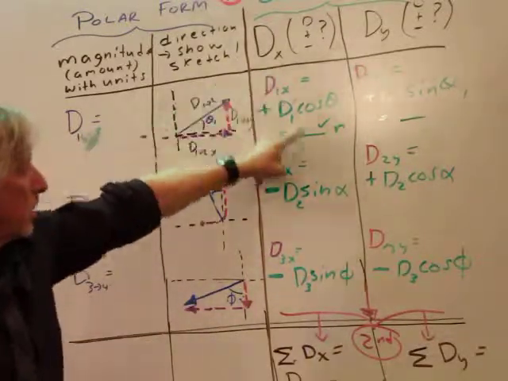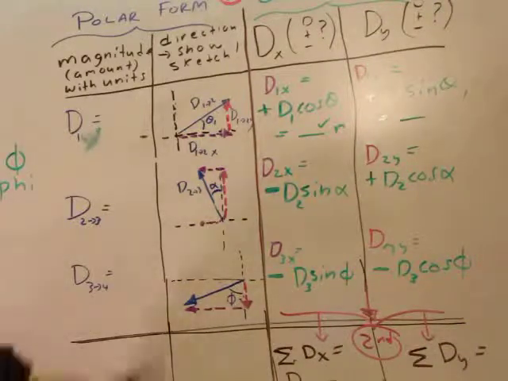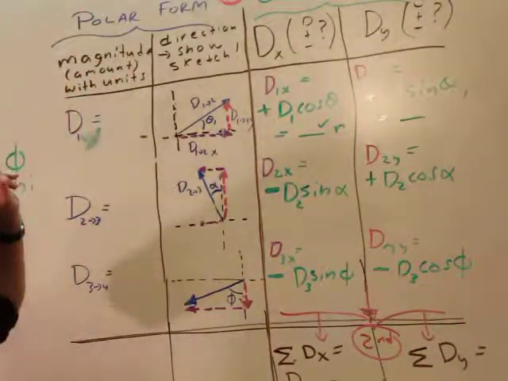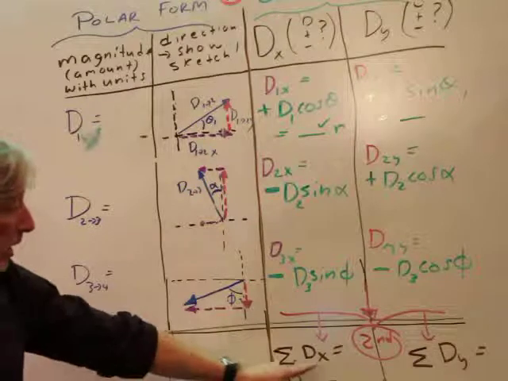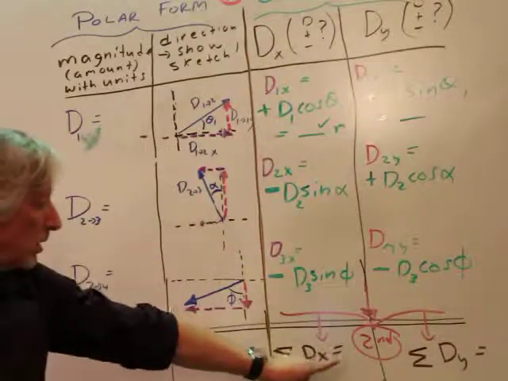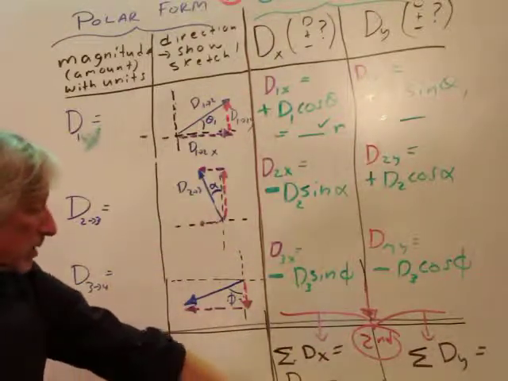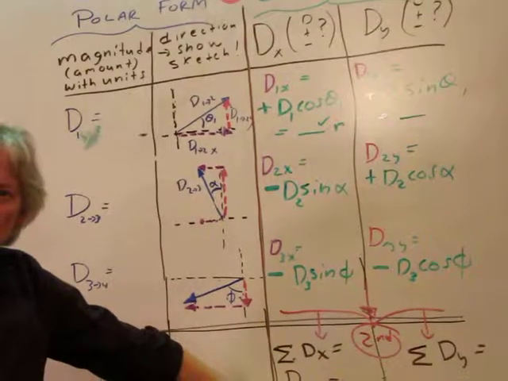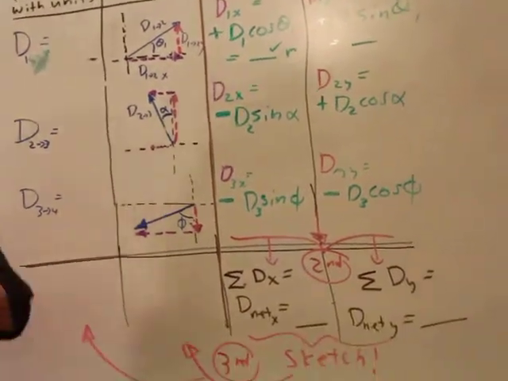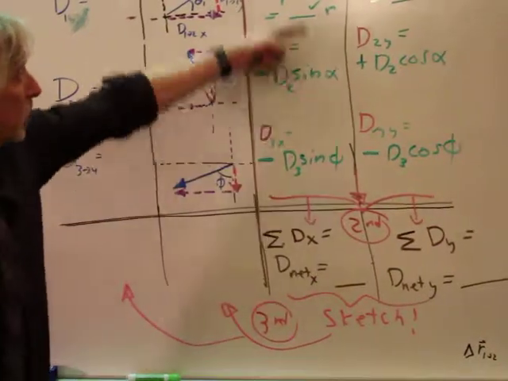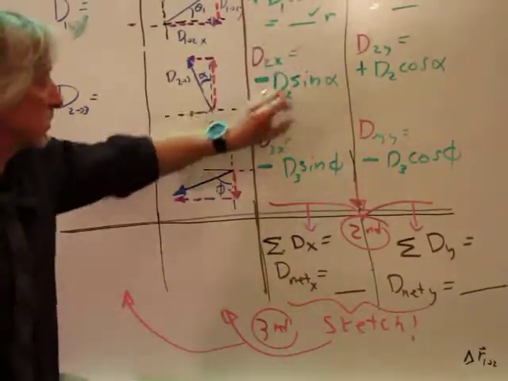And so the resultant, or the net, or the total, whatever you want to say, the sum of the x components is equal to the net x component. In some problems, you'll know what that is, and you'll be looking for this, but you can still write an equation, this plus that equals that.